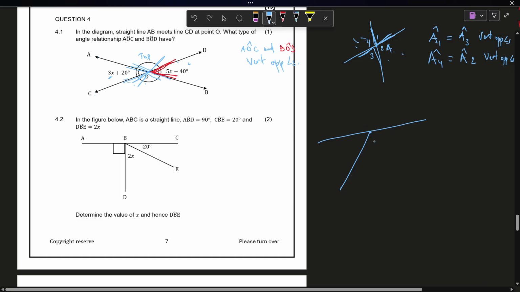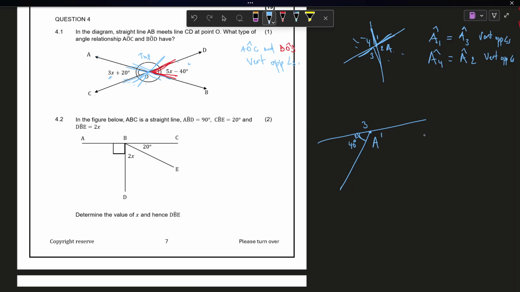We have 3 spaces. Let's say we have A here. Suppose you measure here, and let's say this is 40 degrees. So what spaces have we got here? We've got, let's say, 1, 2, 3. So we can find all these angles, right?